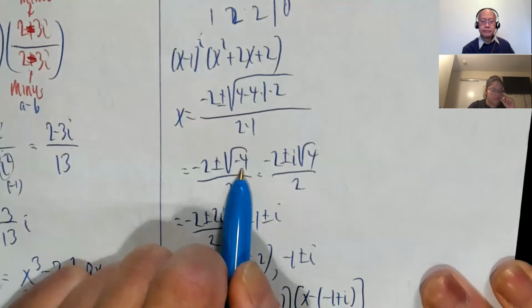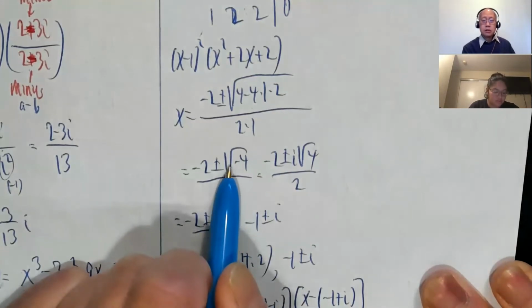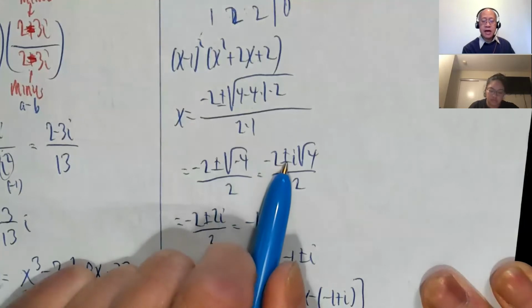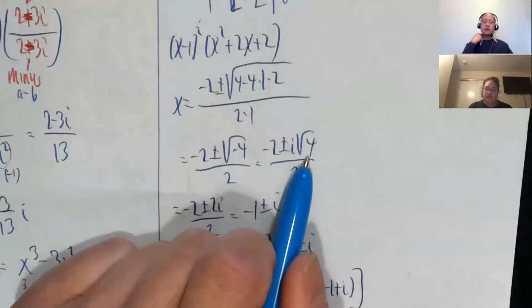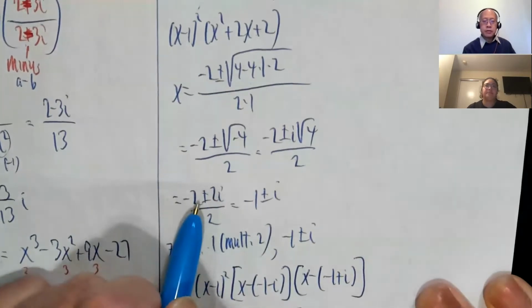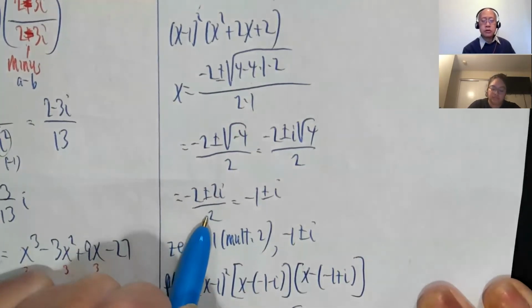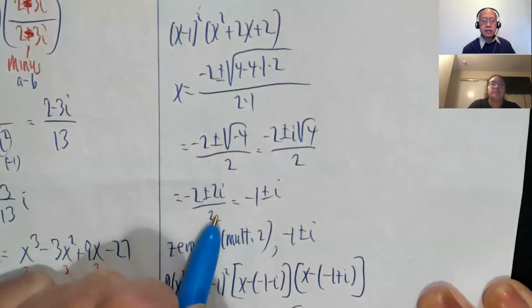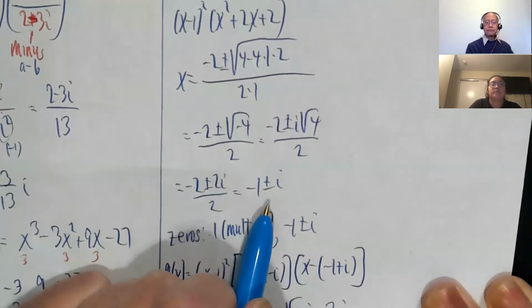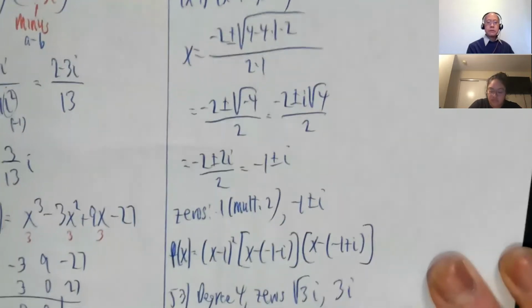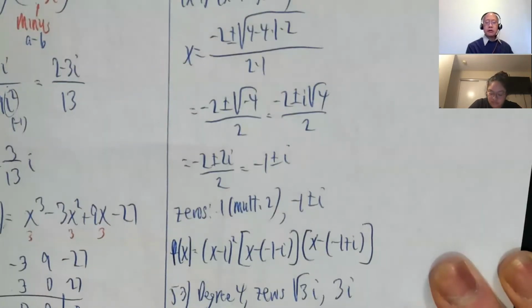The i business. So take out the negative, make it stand up as an i. Negative 2 plus or minus i radical 4. Radical 4 is 2. So negative 2 plus or minus 2i over 2. Cancel 2 here, cancel 2 here. So negative 1 plus or minus i. And we're ready to go.